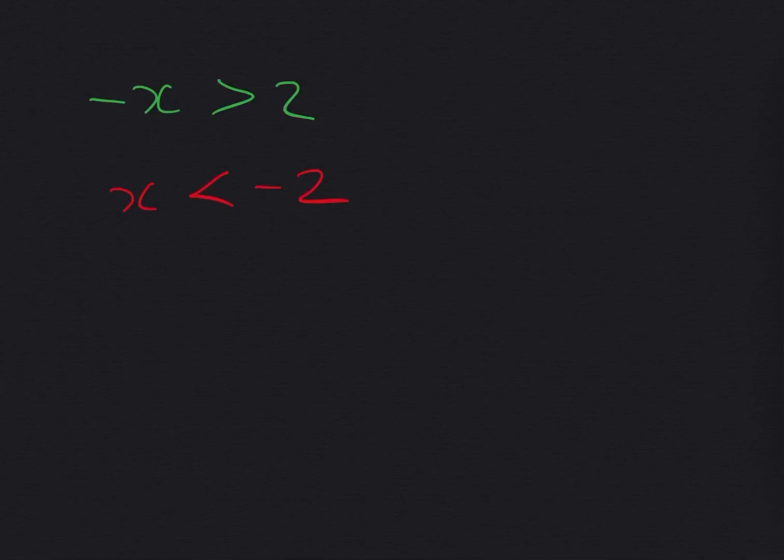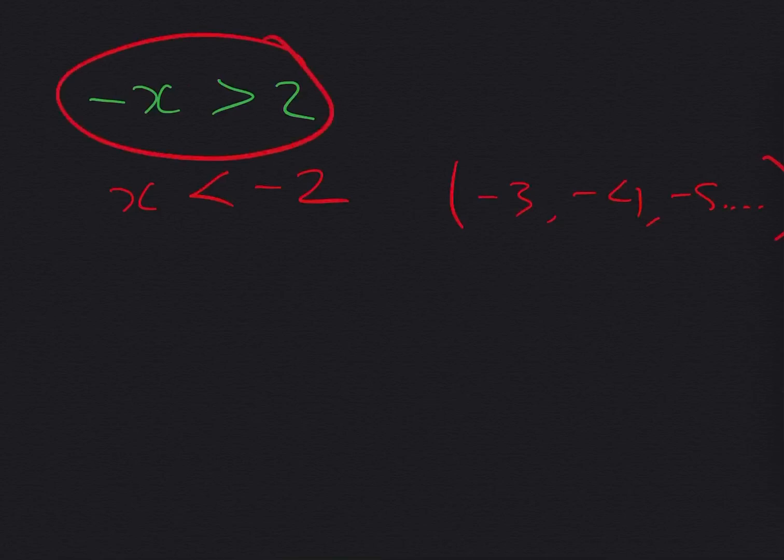So now when we look at this, well then x could be anything like minus 3, minus 4, minus 5, etc. Okay, and we could check it. We could check to see if this works back into our original. So let's substitute it in. So let's go with minus 3. So minus, that's that minus, and then I substitute in my value, minus 3 is greater than 2.